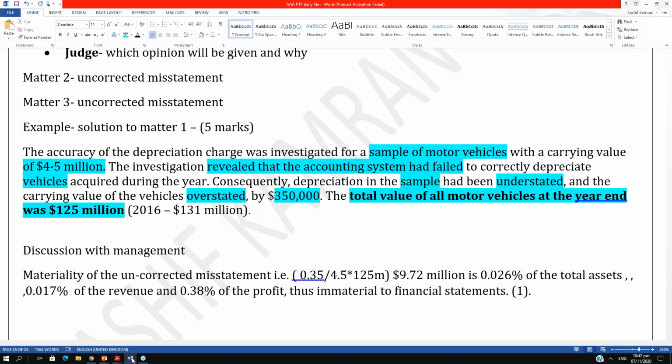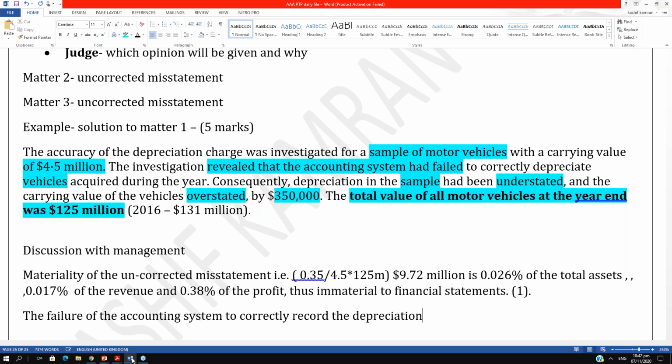The second thing we'll discuss with the management is the failure of the accounting system to correctly record the depreciation. Do you believe this is an important matter you should discuss with management?